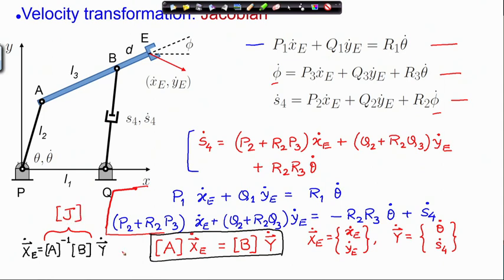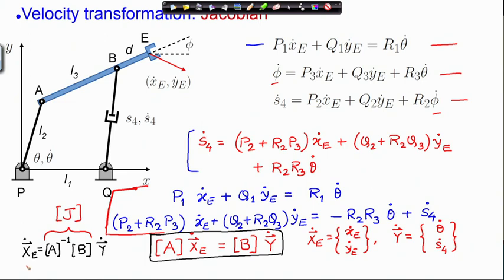So, A inverse B is the Jacobian for this manipulator. Now, if you invert B, then you have the inverse Jacobian.